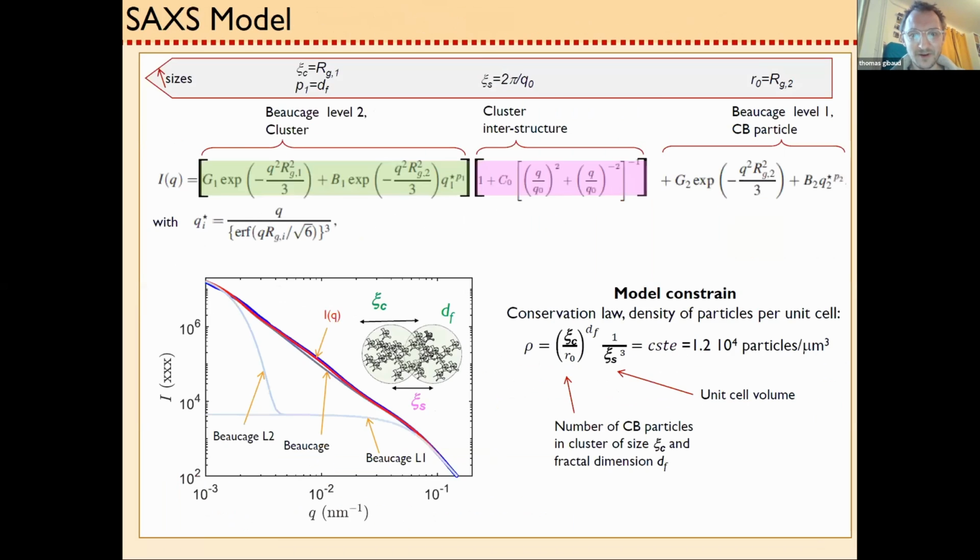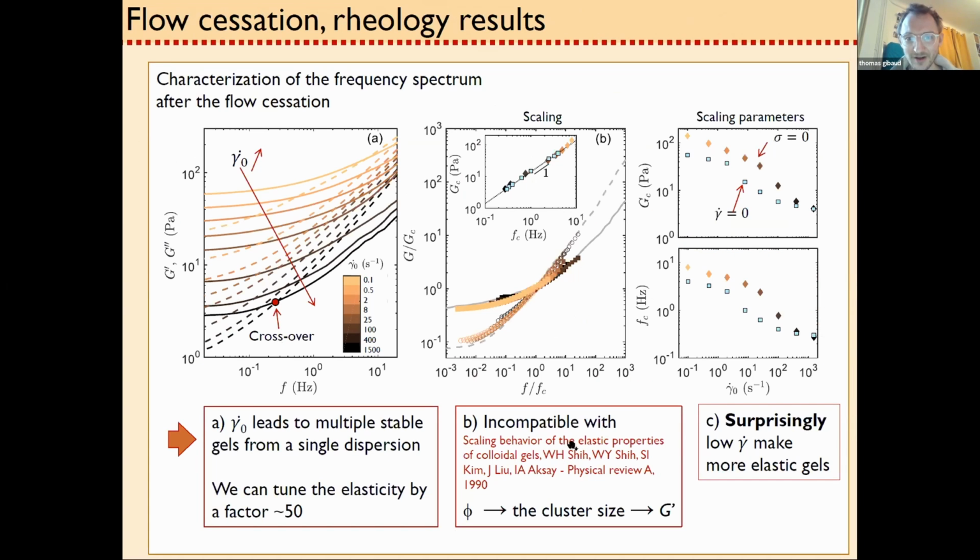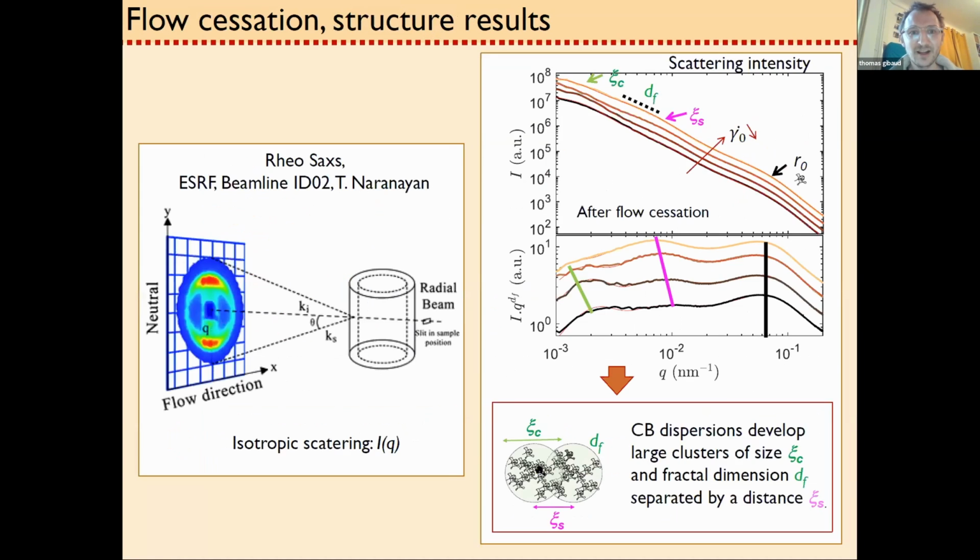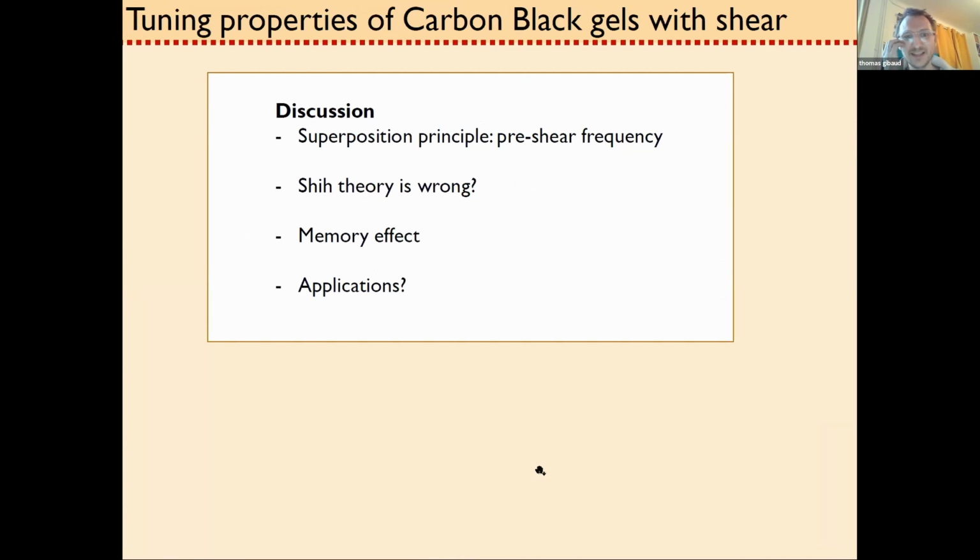Then there is Shih theory. Remember, it's this paper, Scaling Behavior of Elastic Property of Colloidal Gel. And I said it doesn't work. So that was a bit extreme. Because Shih theory works for DLCA, diffusion limited cluster aggregation, meaning that you form gel due to Brownian motion, basically. And in such gel, the fractal dimension is about 1.8, 1.9.